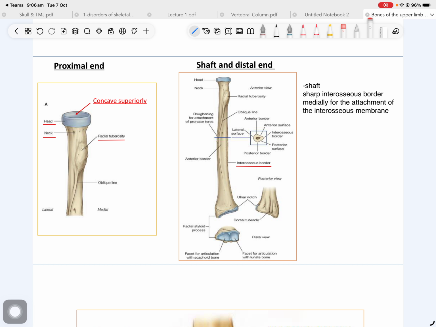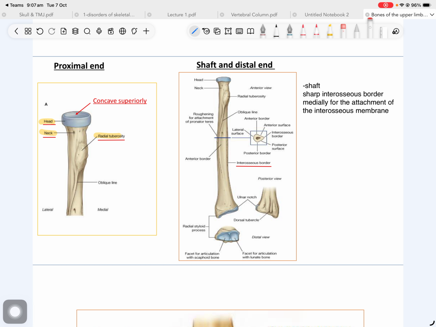We said when we have a head, there should be a constricted area. We call it the neck. So this is the neck of the radius. And here I find a tuberosity. We call it the radial tuberosity. Okay? So at the proximal end, I should know about the head, the neck, and the radial tuberosity.